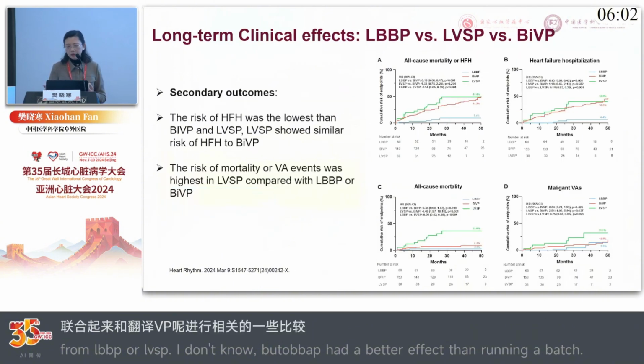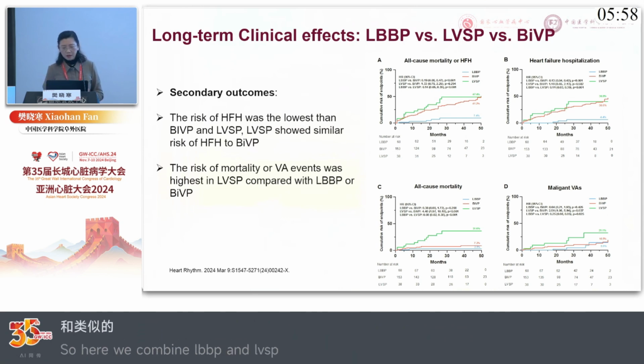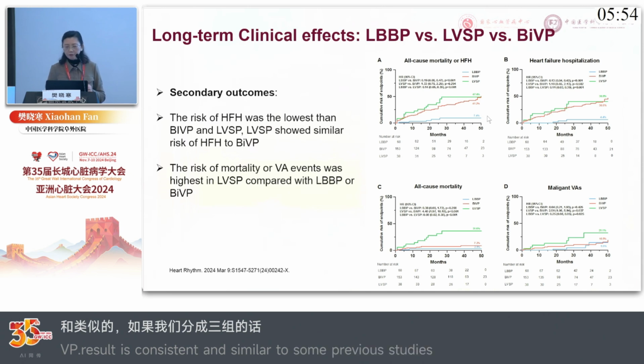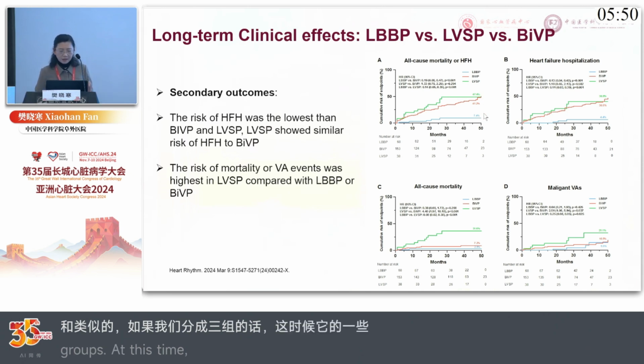But when we divided the three groups, we can see the effect are different. The LVSP had a similar effect to BIVP when we compared the primary outcome.